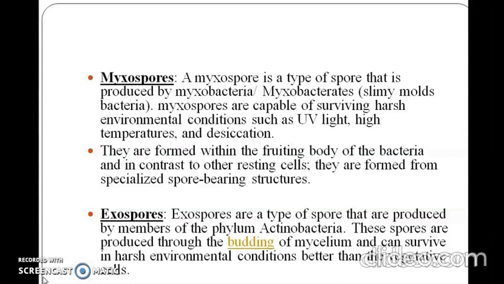And the last type of spores are the exospores that are produced by members of the phylum Actinobacteria. These spores are produced through the budding of mycelium and can survive in harsh environmental conditions better than the vegetative cells.